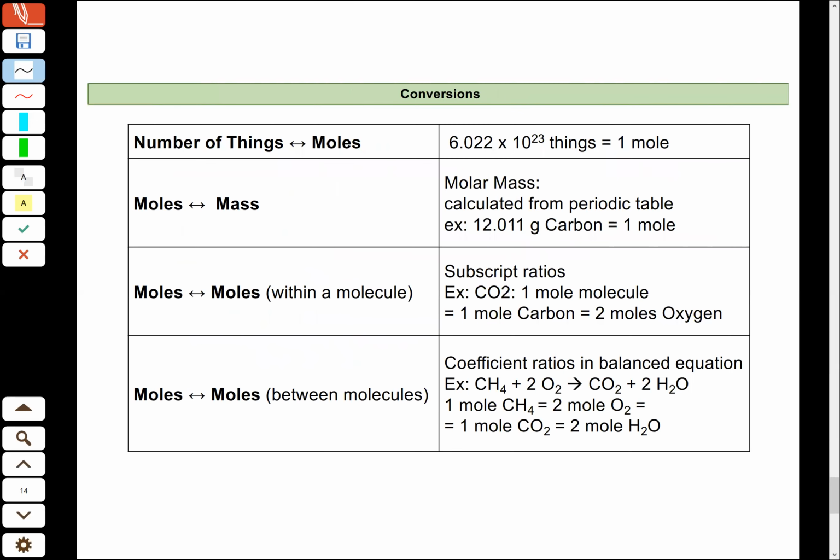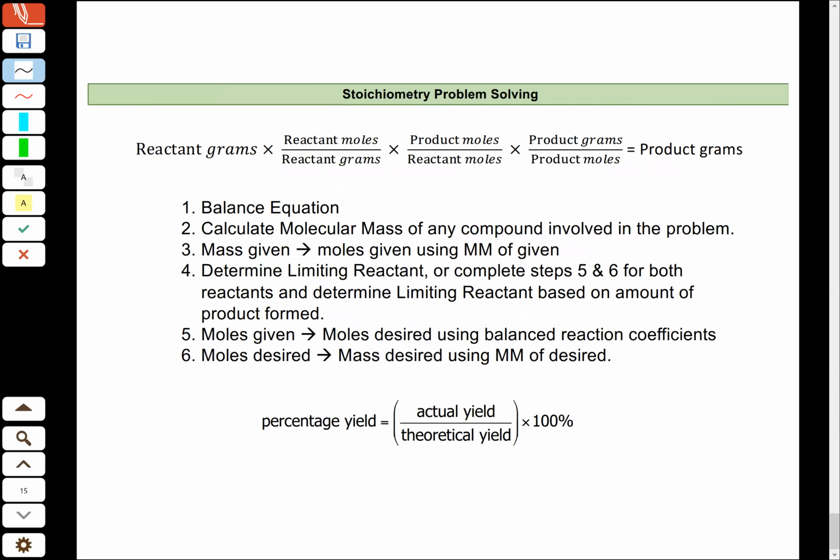Our new conversions that we have using Avogadro's number, our mole to mass conversions using molar mass, mole to mole conversions using the subscripts within a molecule, and our mole to mole conversions using the coefficients within a chemical reaction. And then stoichiometry, and this is our step-by-step stoichiometry guide.